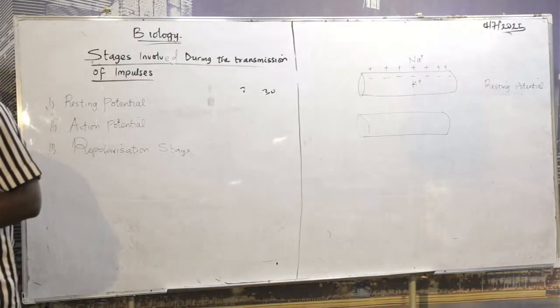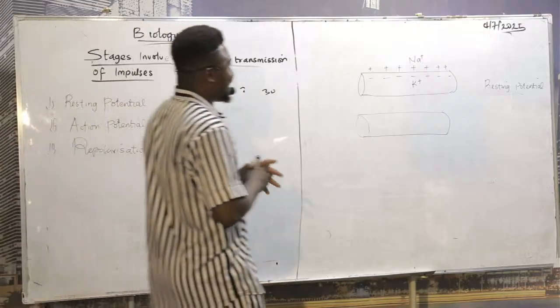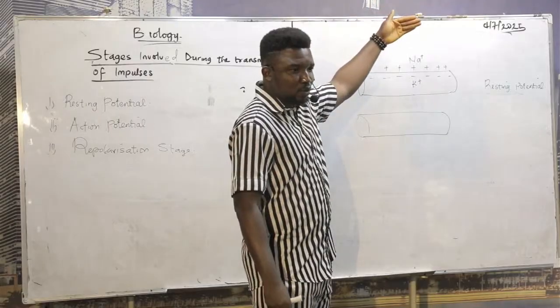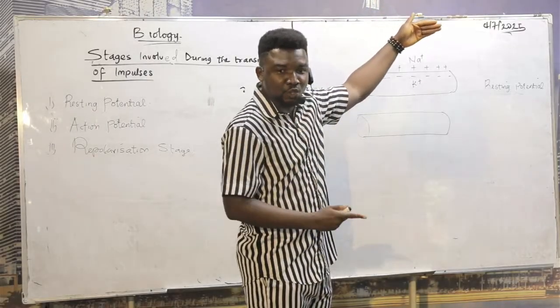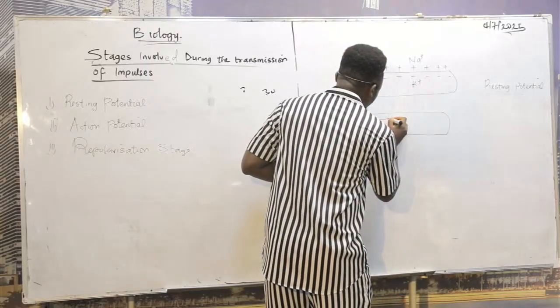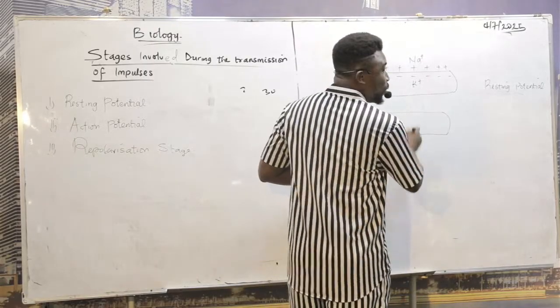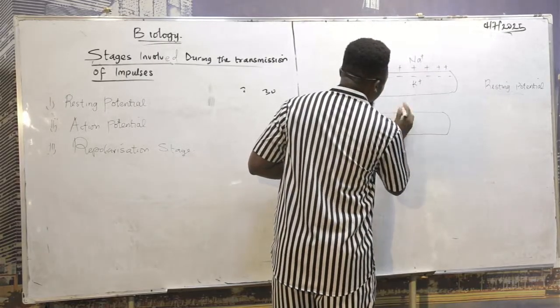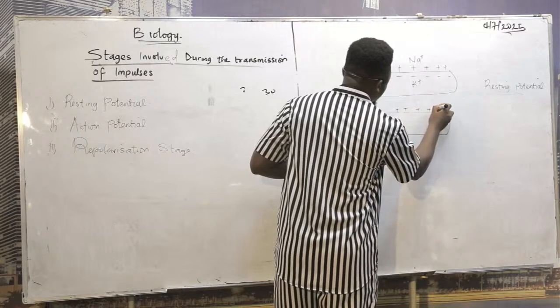Depolarization means that the negative ion will move up while the positive does the opposite. So let's represent the movement of the impulses using an arrow. Here we have plus, plus, plus, plus, plus, plus.